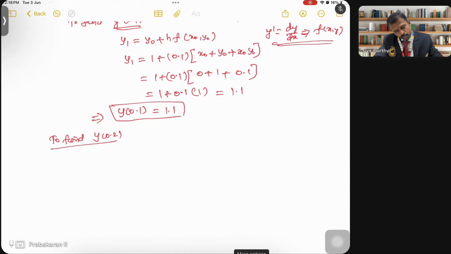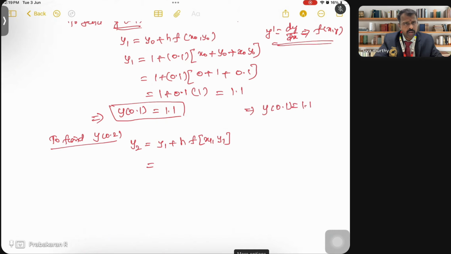So now to find y2, already we know the formula, right? So y2 equal to y1 plus h f of x1 comma y1, right? So what's the value of y1 and x1? First of all we need x1 and y1, right? So already we got the first step value, y of 0.1 equal to 1.1, right?